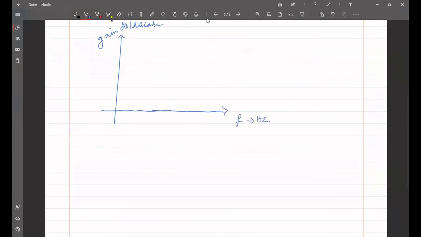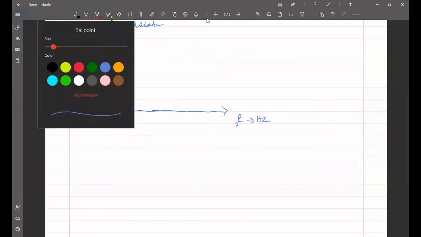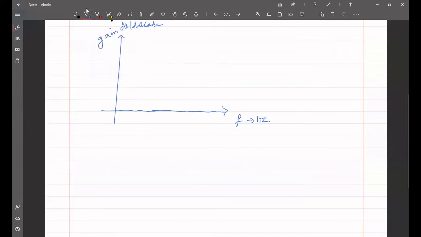Now, let me draw the ideal characteristics of an op-amp.